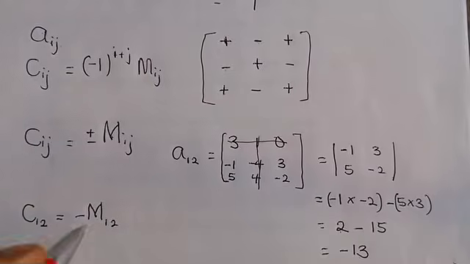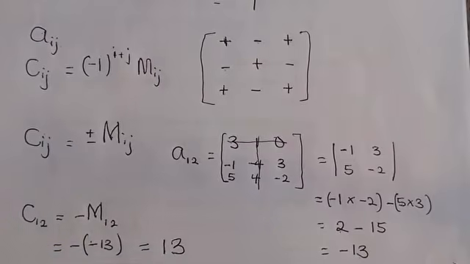And M12 here has been found to be minus 13. So it's going to be minus multiplied by minus 13. Minus times minus will give us plus. And so we have 13 as the cofactor of A12. The cofactor of A12 in this particular equation is 13.